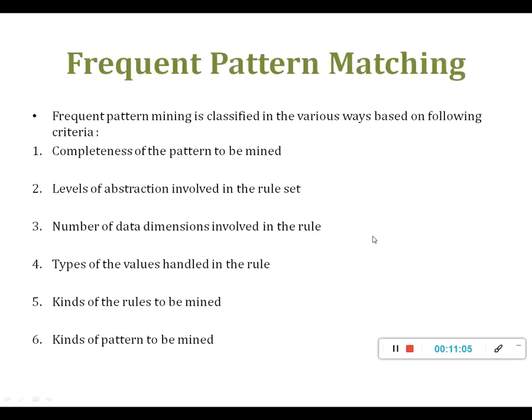According to this frequent item finding, how are we going to do frequent pattern matching? Frequent pattern matching is classified by different criteria: the completeness of the pattern to be mined, the level of abstraction involved in the rule set, the number of data dimensions involved in our rule, the types of values handled in the rule, and the kinds of rules and patterns to be mined.